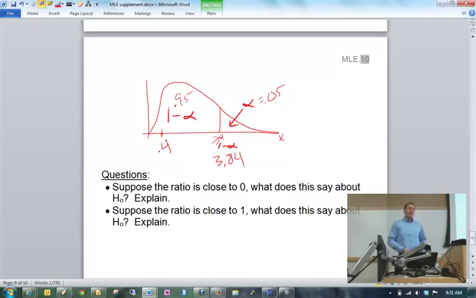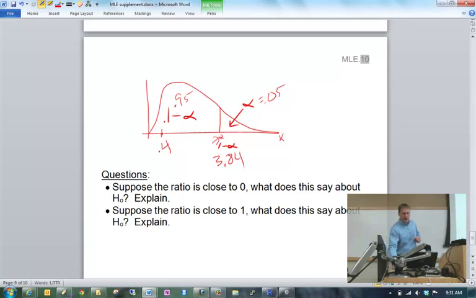Okay, let's talk about what a likelihood function represents. It's measuring, essentially numerically, how plausible values are for your parameters. The larger the likelihood function, the more plausible the set of parameter values that you put in your likelihood function are.